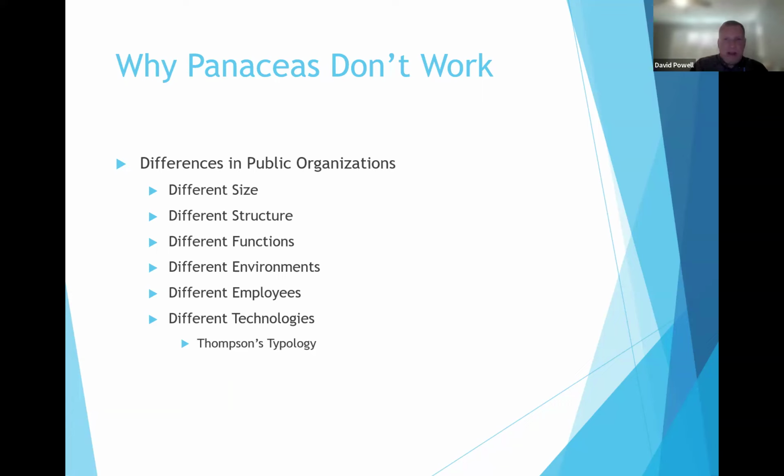MTA and OCTA tend to be populated with a lot of engineers. And so they come at questions, they come at issues from much more of an engineering type of background, where in DPSS, you have people who are coming at questions and issues from much more of a human services, social services type of background. So different employees will also have an impact upon the usefulness of different types of theories.